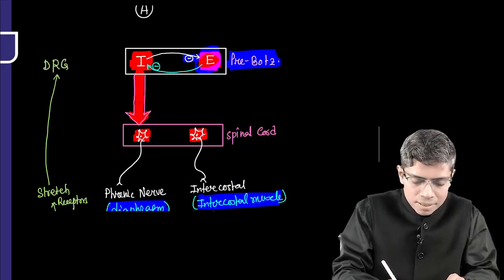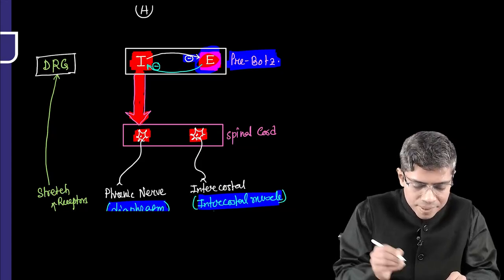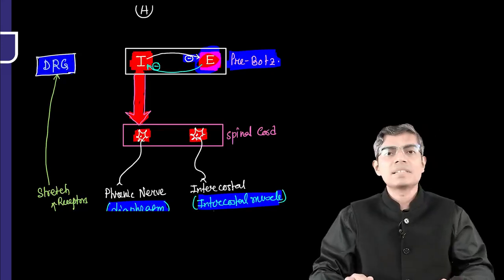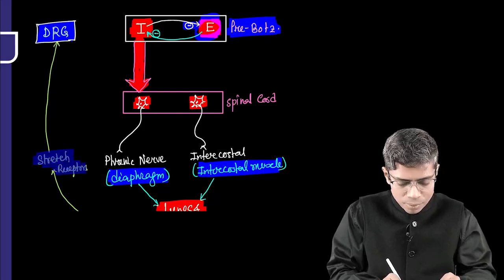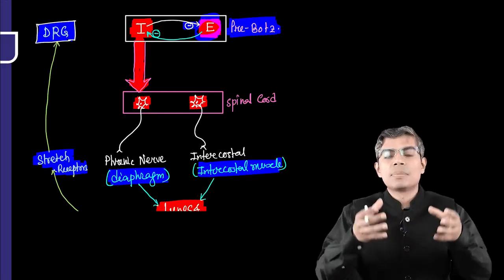I told you already, what is the function of this dorsal respiratory group of neurons? They are the sensory integration center. So now look, from the periphery the signal is coming. Where is the signal coming from? From the stretch receptors of the lung, which are located at the level of smooth muscles of the bronchi and bronchioles.